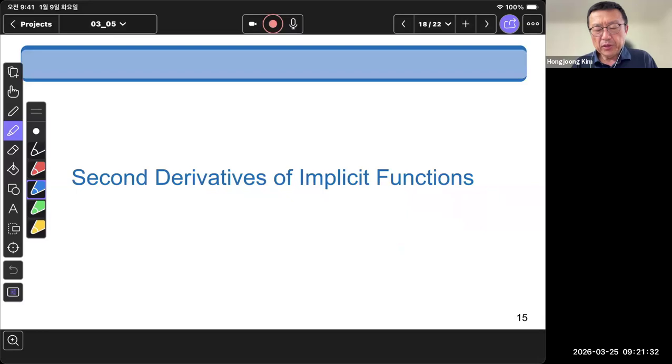Now, given some implicit relation between x and y, we could find dy/dx. Now, if we could get dy/dx, the first derivative, then probably there will be a way to get the second derivative or higher derivatives.